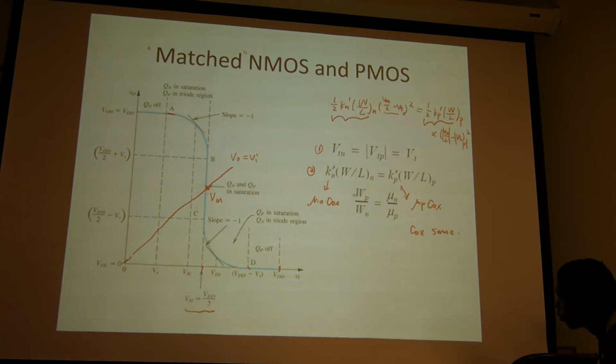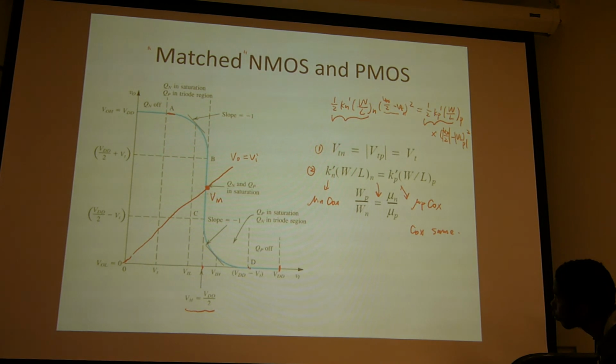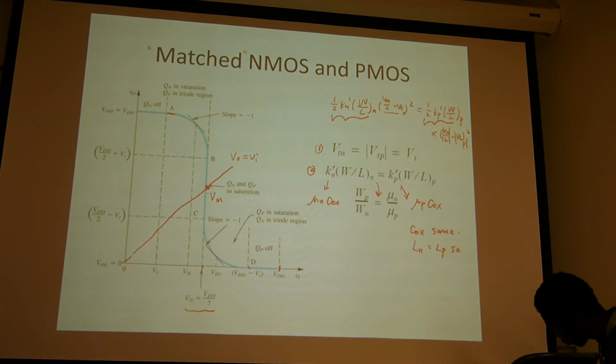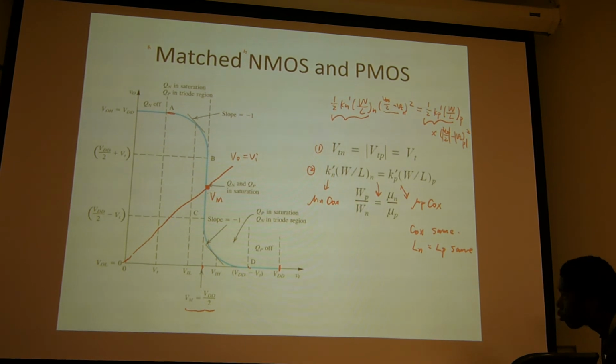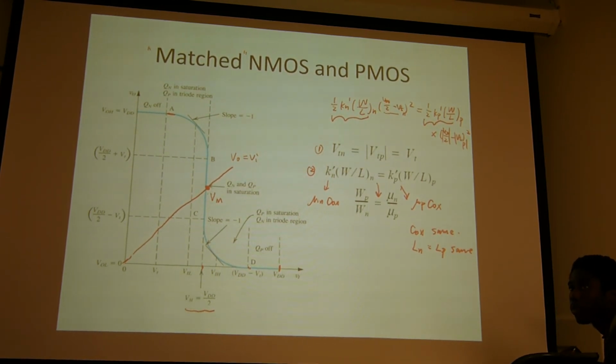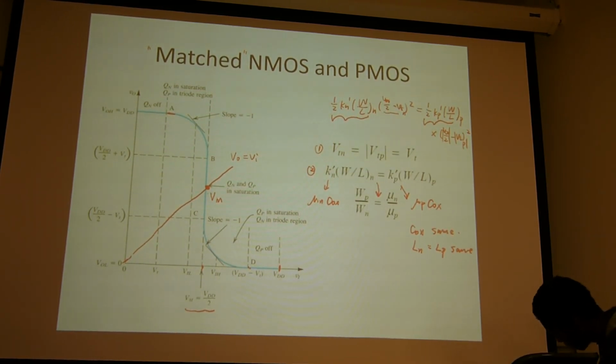Then eventually you will get this one. The W and also L are the same for the same technology node. So what is different is the W of the NMOS and PMOS. The width of the transistor is different.